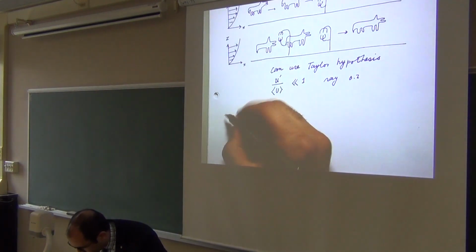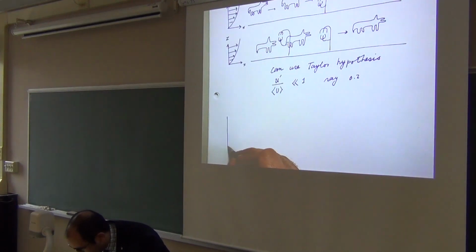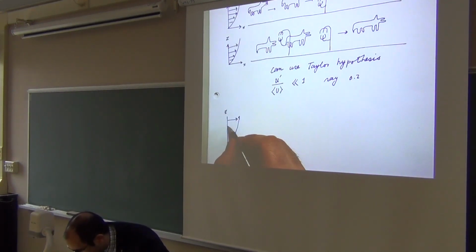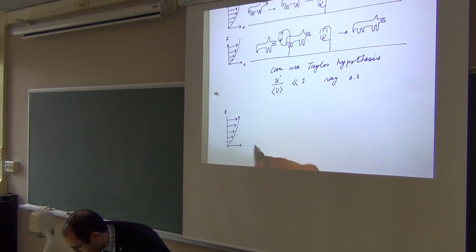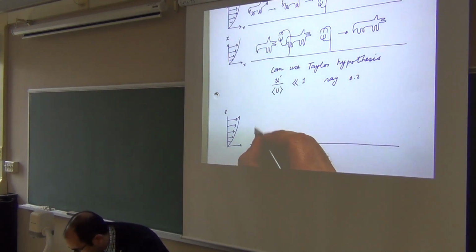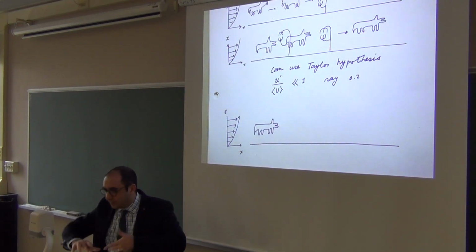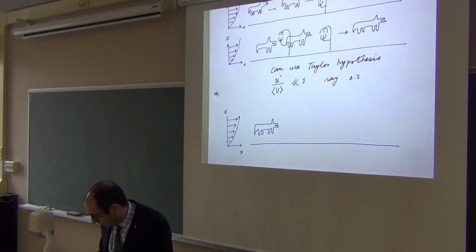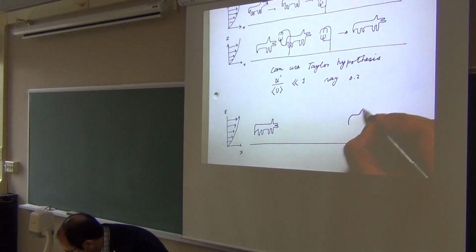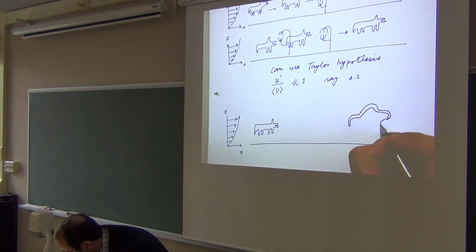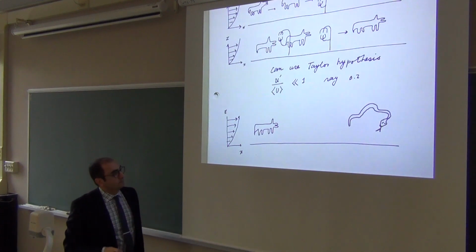But not all flows exhibit that. I could have a horse which keeps deforming, and by the time it goes some distance down, maybe it becomes a snake. Right?